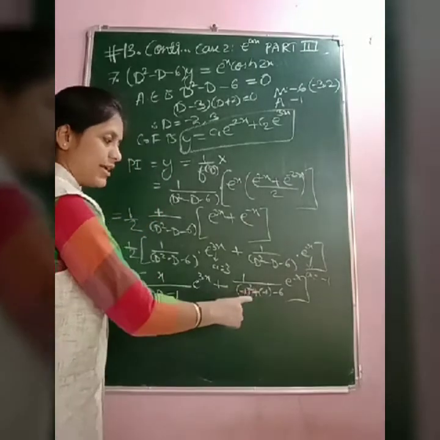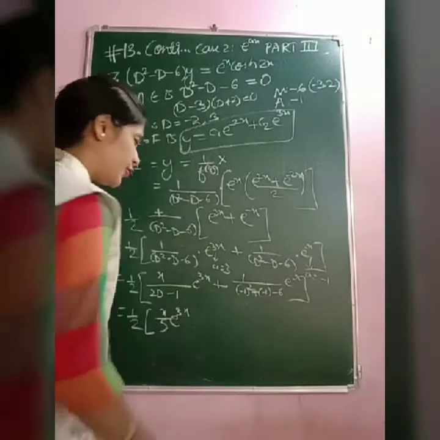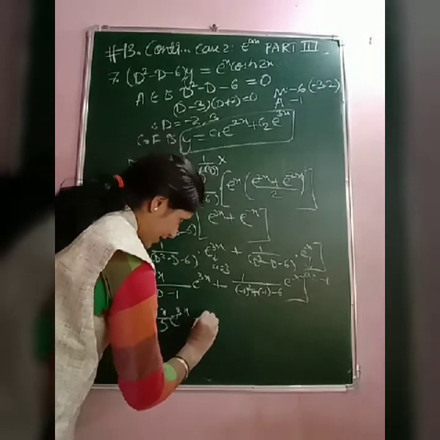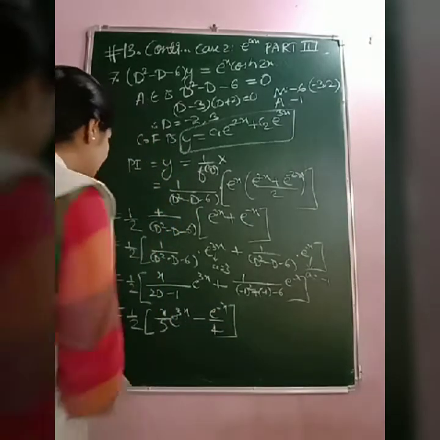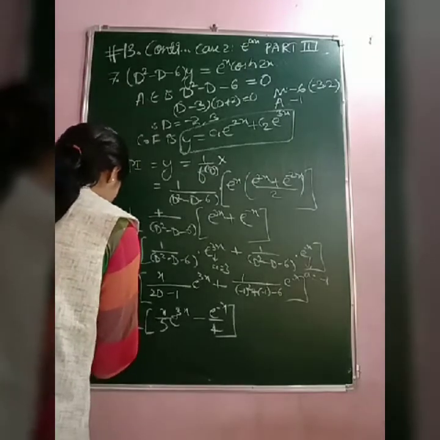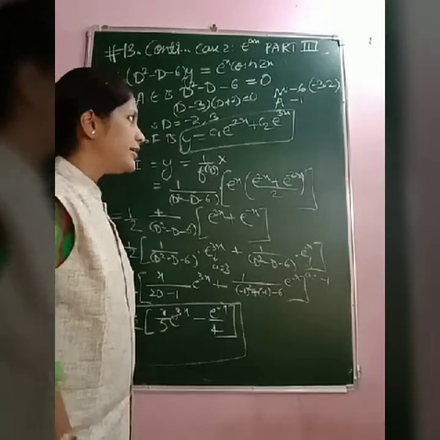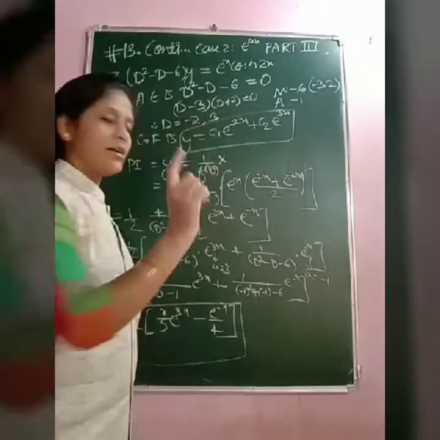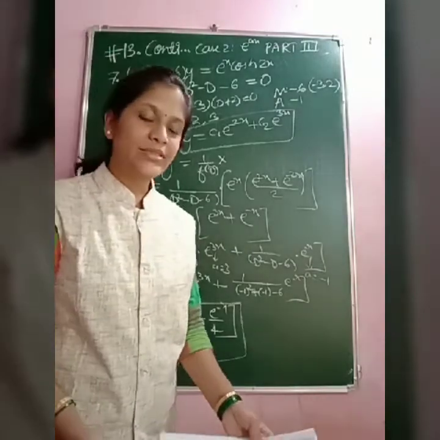Next, minus 1 square is plus 1, plus 1, so 2, minus 4 is minus 4. So minus e raised to minus x by 4. So this is our PI. The complete solution is CF plus our PI. So this is our numerical number 7.